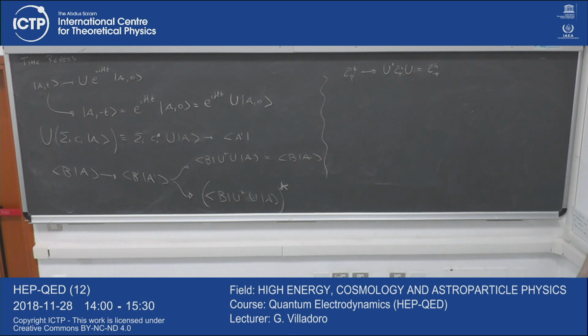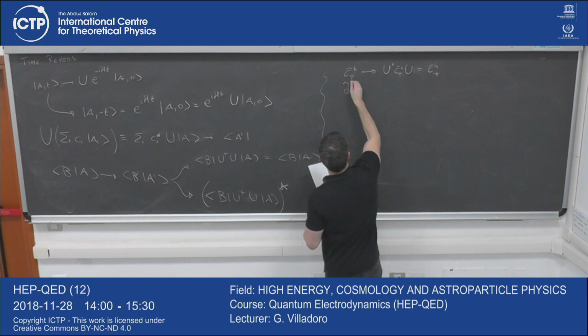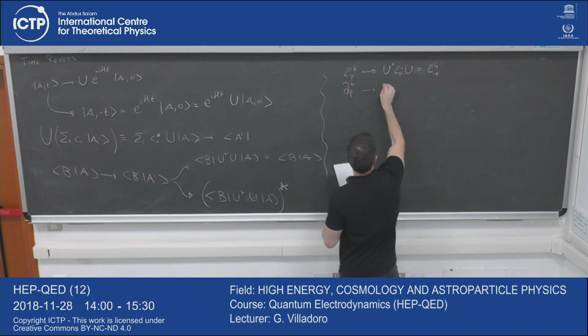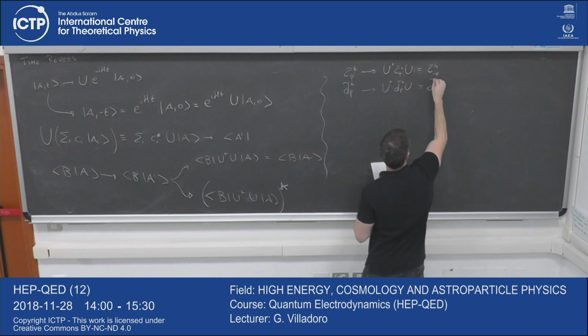So this is what we want at the level of creation and annihilation operators for the time inversion. And analogously for the antiparticle, it should transform in the same way.